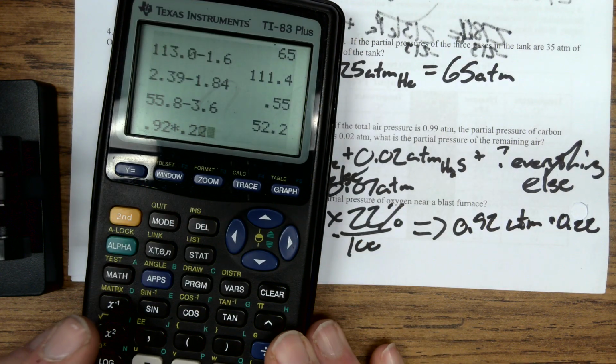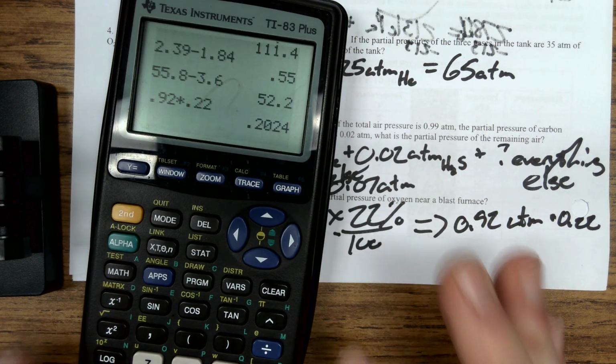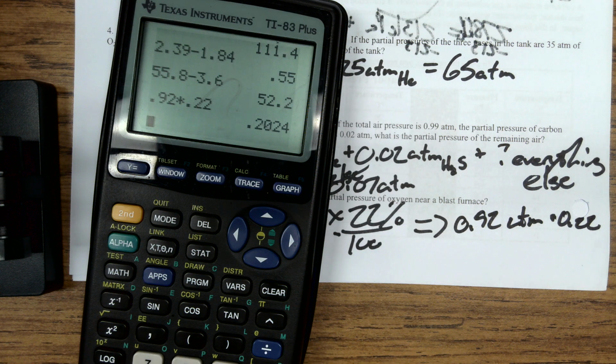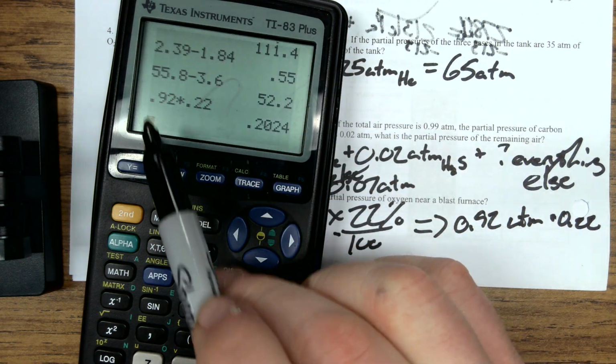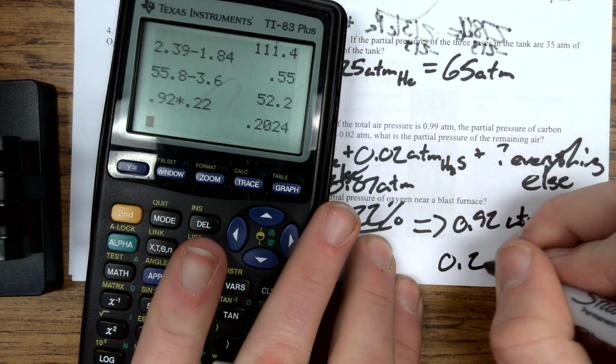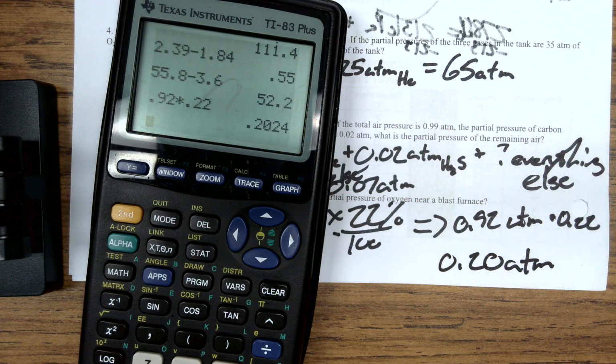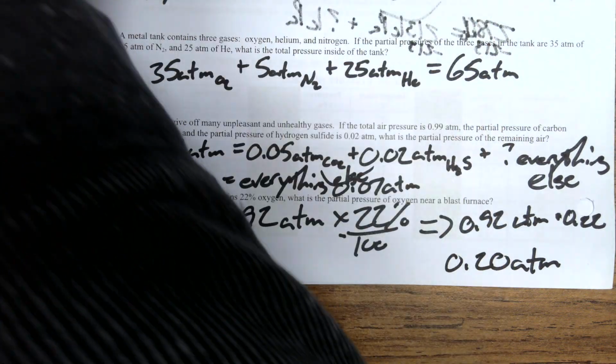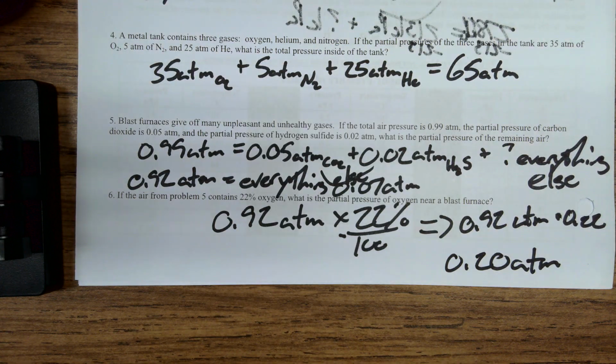How many sig figs am I going to have? 2, because I'm multiplying, right? 2 and 2. Therefore, my final answer is going to be 0.20 atmosphere oxygen. Had to think a little bit outside the box to get that last one, but if you can add things together, you can subtract things from each other, you can figure out Dalton's partial pressure laws.